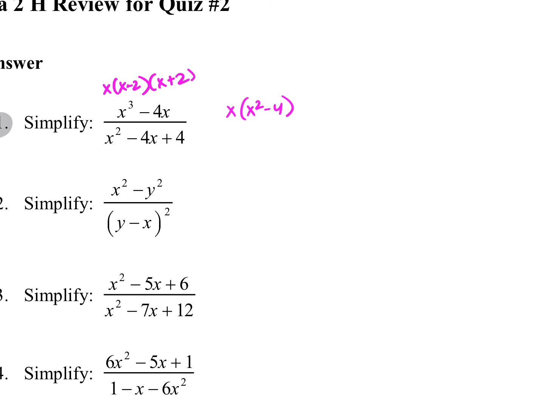Perfect square trinomial. It's x minus 2 squared, or x minus 2 times x minus 2. Now what? X minus 2's cancel. Can I cancel an x plus 2 and an x minus 2? No. So this becomes x times x plus 2 over x minus 2.